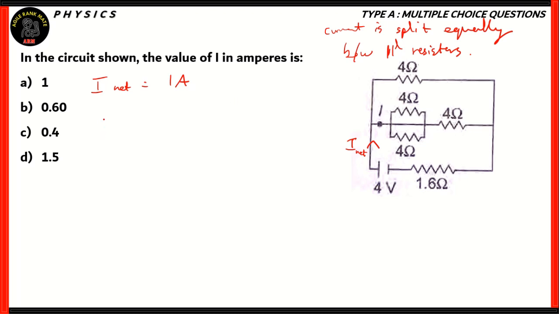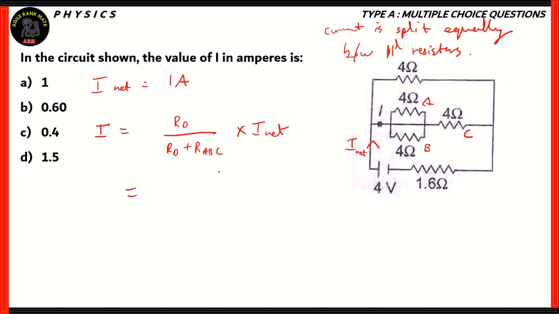That means the I that is given in the figure, which passes through A, B, and C, is going to be calculated as the resistance of D, which is the other section that is parallel, over the total resistance, which is RD plus RABC, multiplied by the net current.